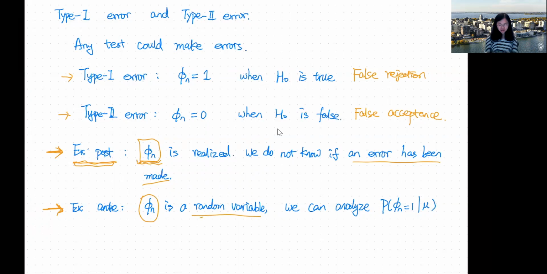If it is a random variable, we can analyze the probability that it equals 1, given some value of the true distribution. Ex ante, we can analyze the probability that it makes an error or does not make an error, given some value of the population expectation. And that is the useful point of view to use when we discuss the errors that a hypothesis test makes.